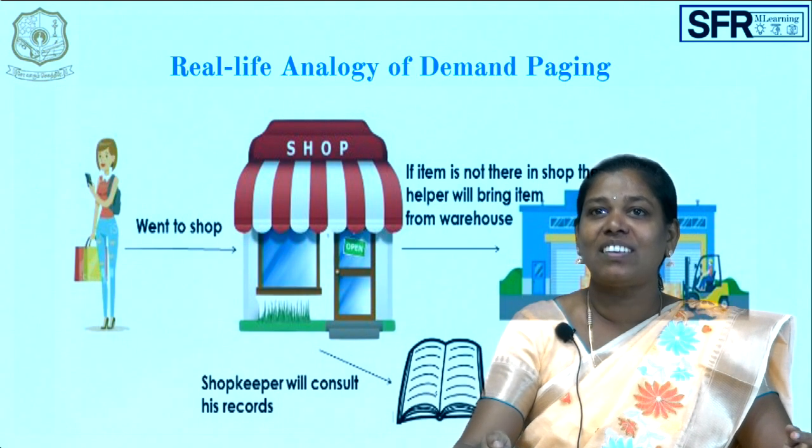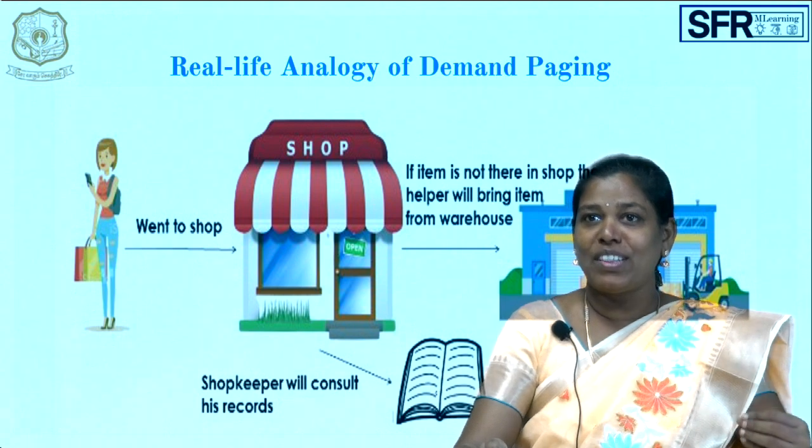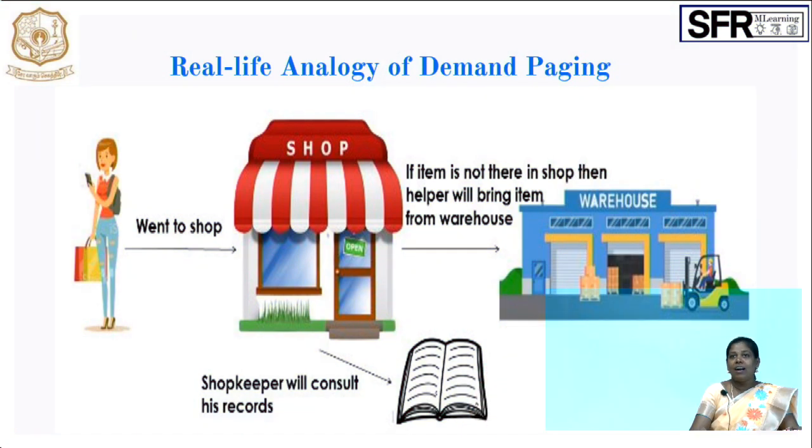So what is demand paging? That is the next question. Before getting on to the technical topic, I want to share a real life analogy of demand paging. A customer went to a shop and asked for a specific item, and the shopkeeper checked the stocks, and recognized that the item is not available in the shop, but it is available at the store, the warehouse of the store.